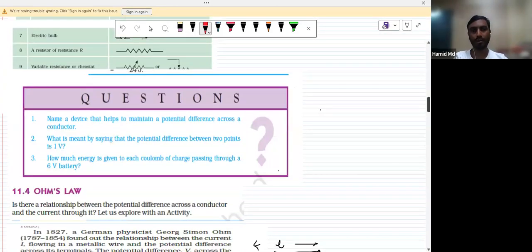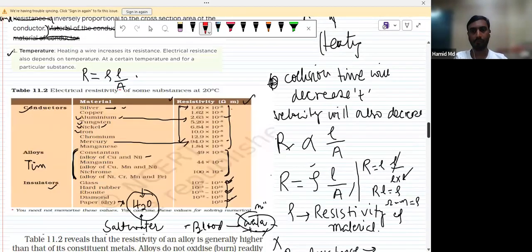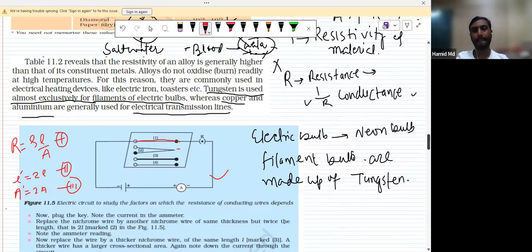What do you mean by circuit diagram? To represent the symbols of electric.